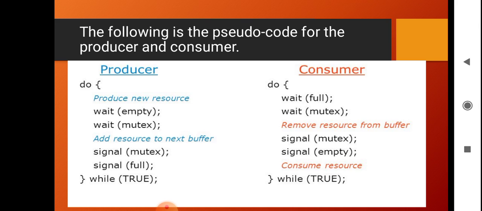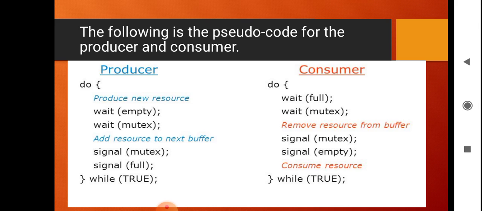The bounded buffer problem makes use of a fixed size buffer. Clear? Therefore the producer process must wait if the buffer is full.